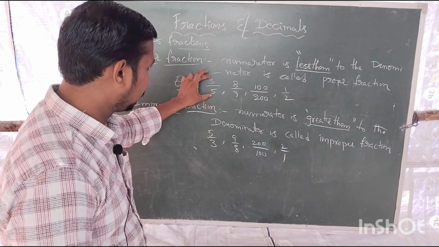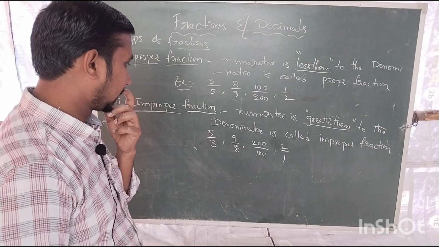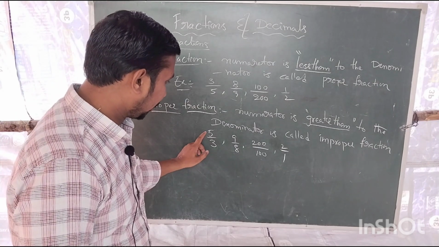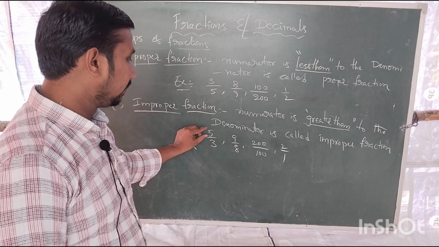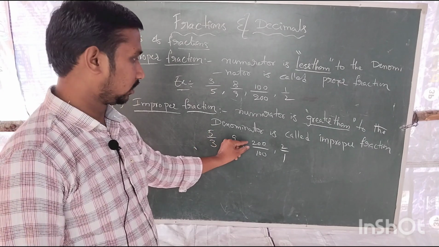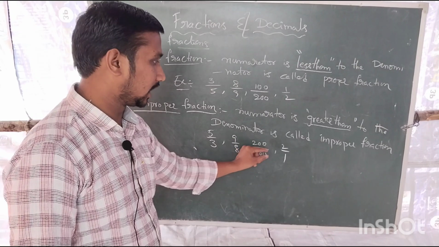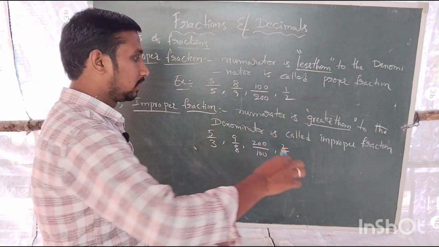So you can observe here, the proper fraction is quite opposite to the improper fraction. 5 by 3: numerator is greater than the denominator. That means 5 is greater than 3. 9 is greater than 8. 200 is greater than 100. 2 is greater than 1. That means whole numbers also.